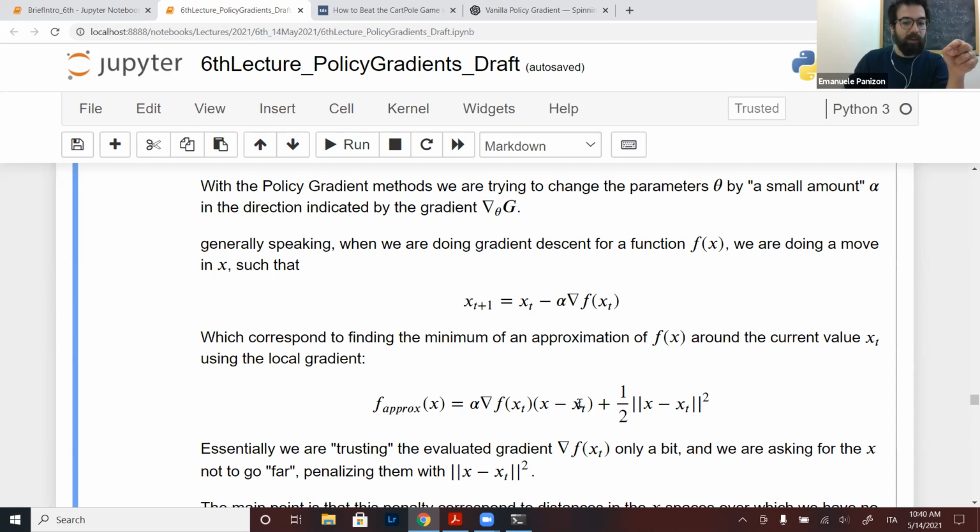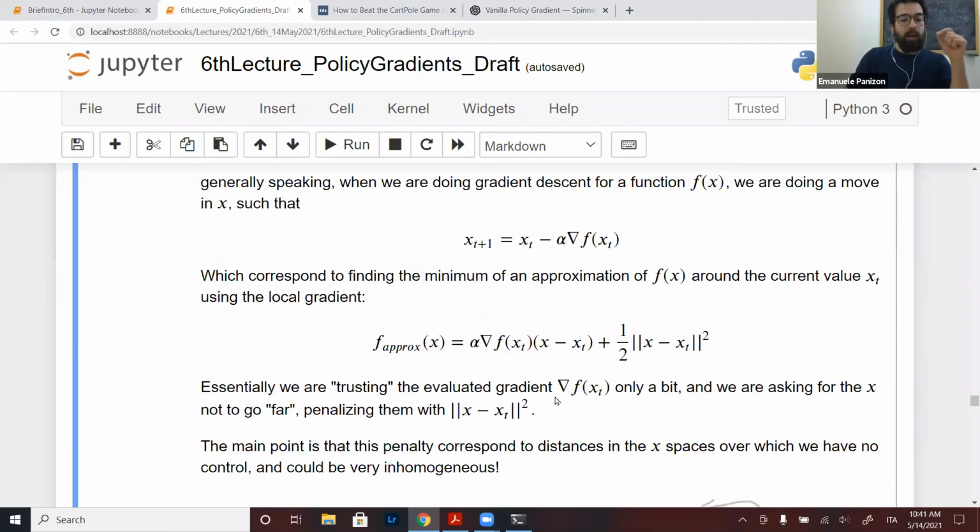If I try to minimize or maximize this, the first term says follow the gradient. The second term means don't go far. This is like your parents saying go in the garden to play, but don't go too far, and please don't go over the gate because a truck will get you.